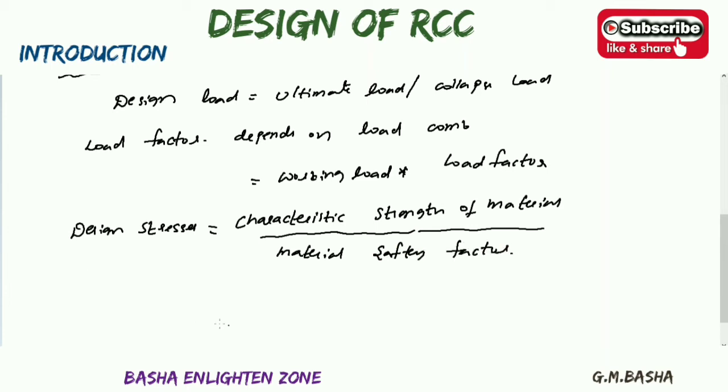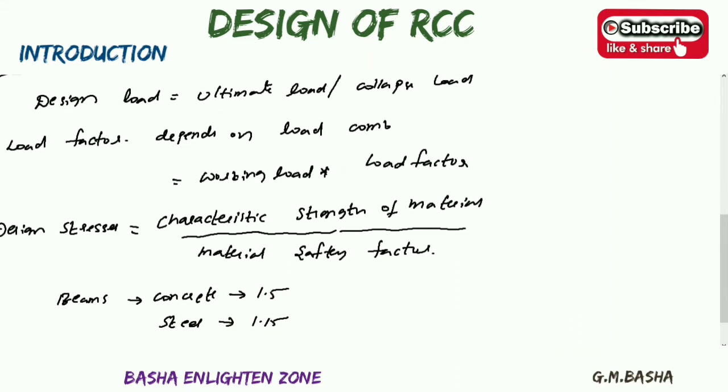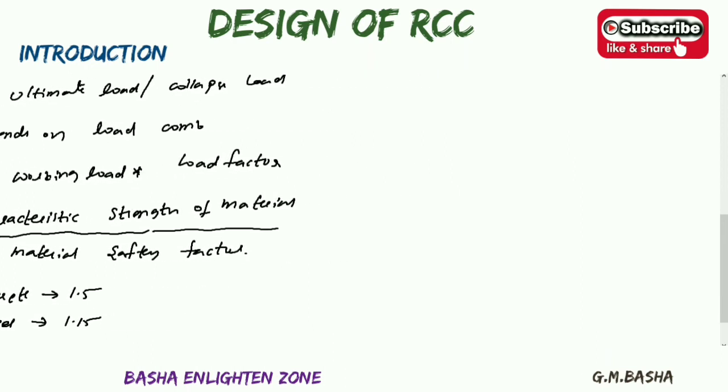And the material safety factor in beams is 1.5 for concrete and 1.15 for steel. These are the important points to remember in the ultimate load method.